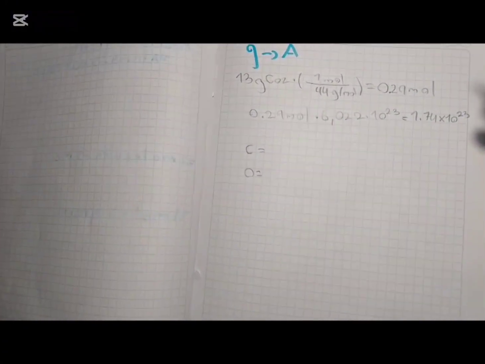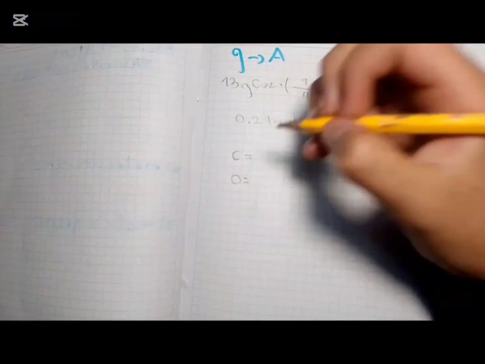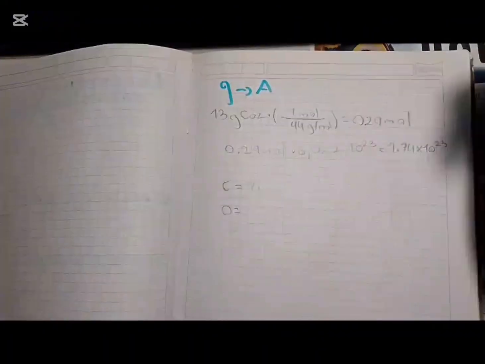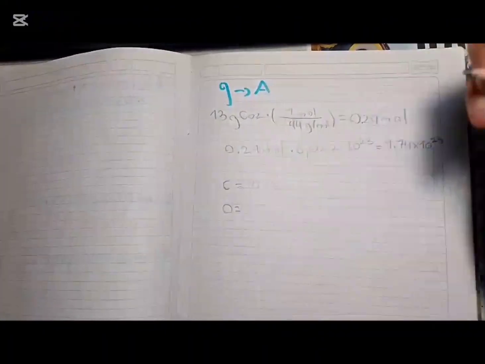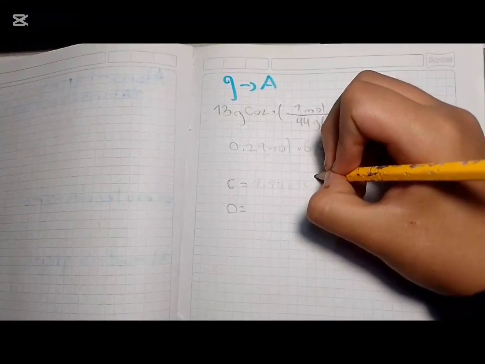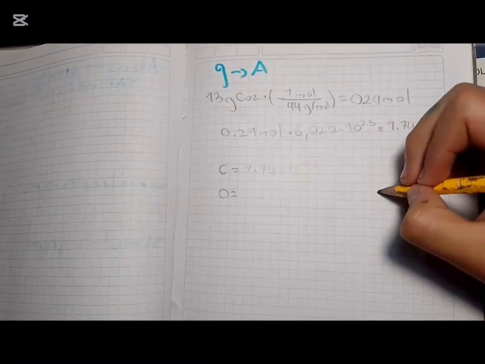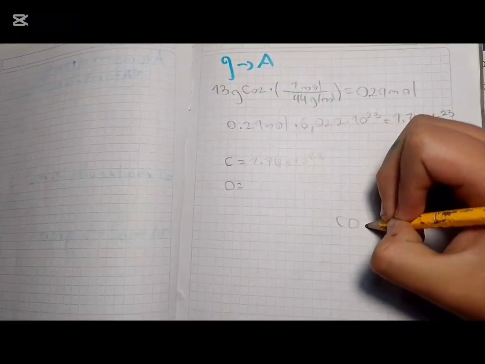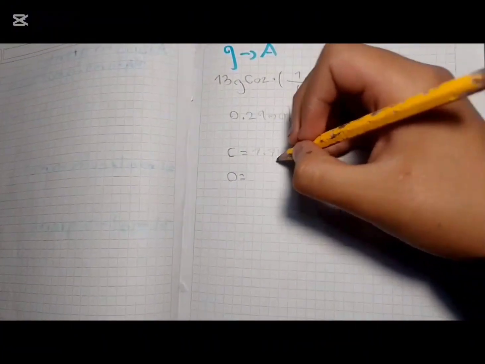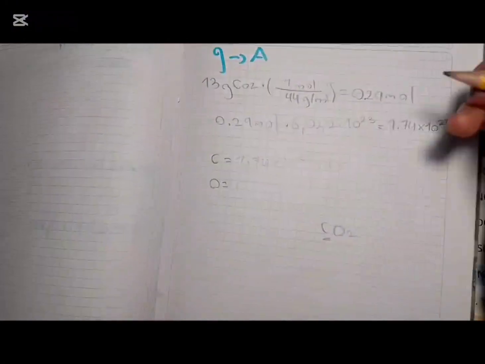Next, these molecules pass to atoms, and with carbon it is 1.74 multiplied by 10 to the 23, and because I have only one carbon in the formula, I multiply by 1, and the result is the same.